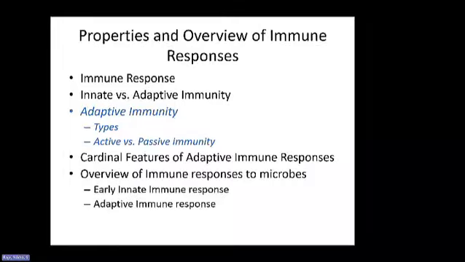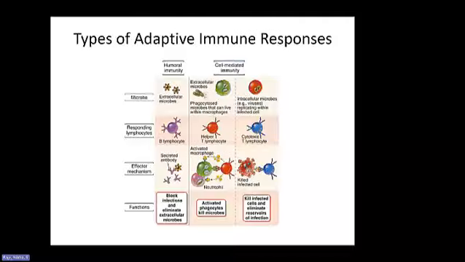When it comes to adaptive immune response, there are a couple of types of adaptive immune responses, and then we'll talk about active and passive immunity as well. So in terms of adaptive immune response, it's provided by either humoral immunity or cell-mediated immunity. The humoral immunity is against microbes and their toxins that are outside of cells, so extracellular microbes.